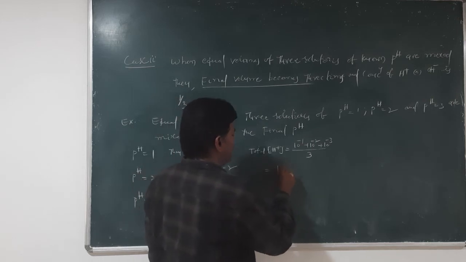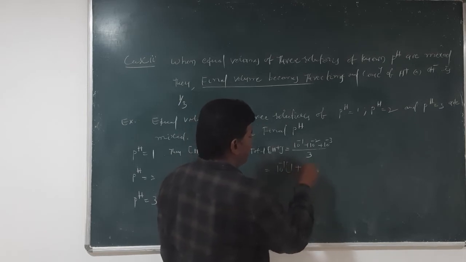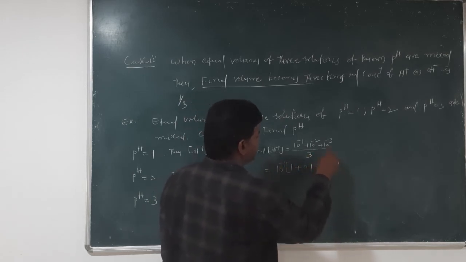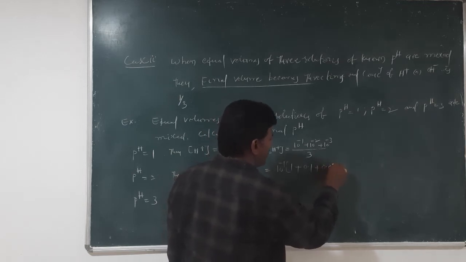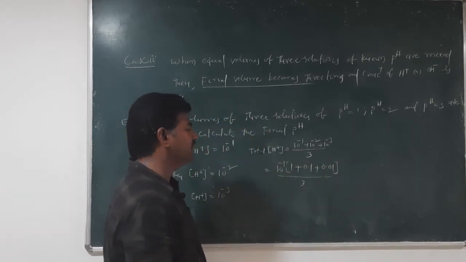Let us take 10 power minus 1 common, then 1 plus 0.1 plus 0.01, all by 3.